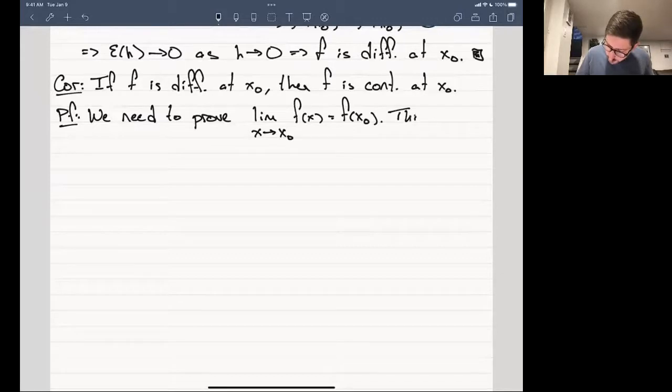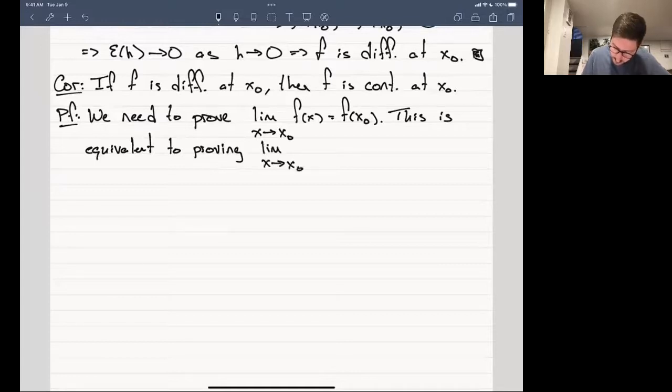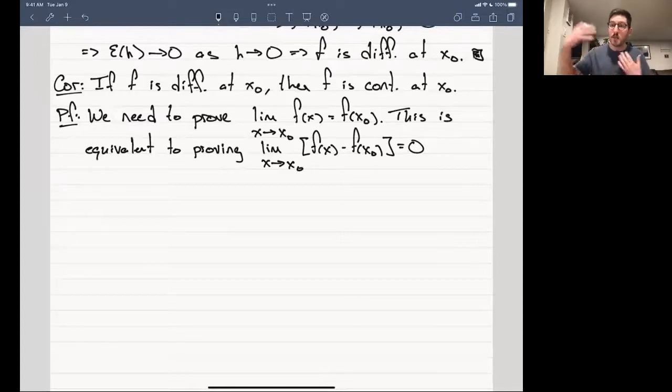This is equivalent to proving, well, this is the same as asking yourself if the limit as x goes to x0 of f of x minus f of x0 is equal to 0. This is the same idea that we talked about with null sequences way back when we talked about sequences.